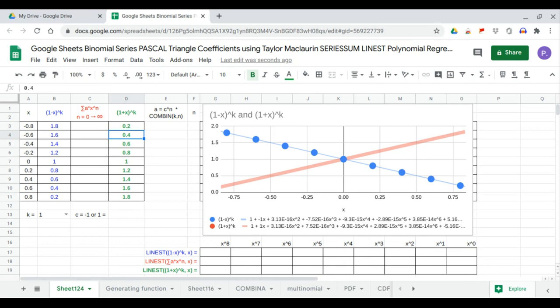Next, we generate the Taylor-Maclaurin series sum expansion for both, which is equal to the summation of a times x to the power n, where a is the combine coefficient and n is from 0 to infinity.